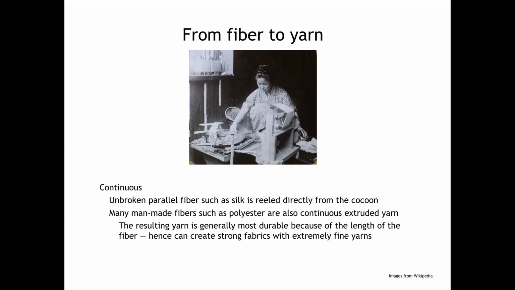Man-made materials such as polyester are also continuous, and we'll talk about that in a little bit. The advantage of a continuous yarn is that there are no breaks in the yarn itself. Therefore, the yarn tends to be much stronger, and it will withstand a lot of wear and tear, as opposed to a yarn that combines the short and long fibers.